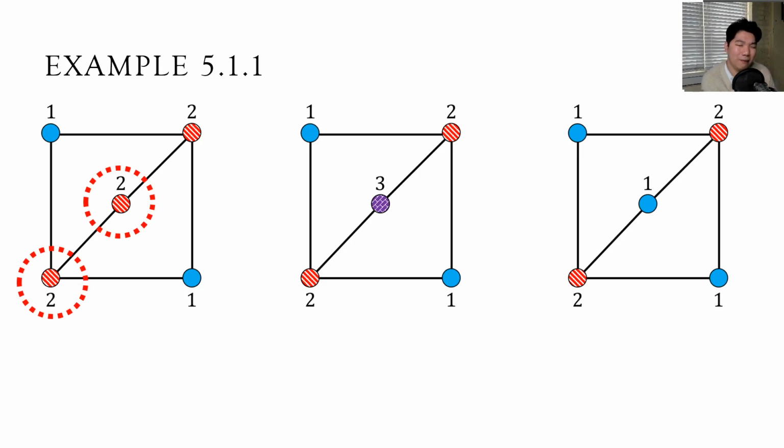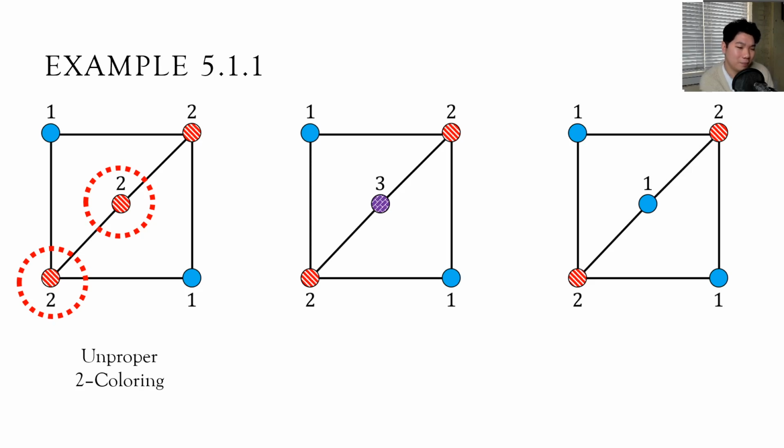Since these adjacent vertices have the same color, I do not have a proper 2 coloring. So this is an improper 2 coloring, or you can say a non-proper 2 coloring. There isn't really a formal term to say not proper. So again, this is not a proper 2 coloring because these 2 vertices are adjacent, but they still have the same color.